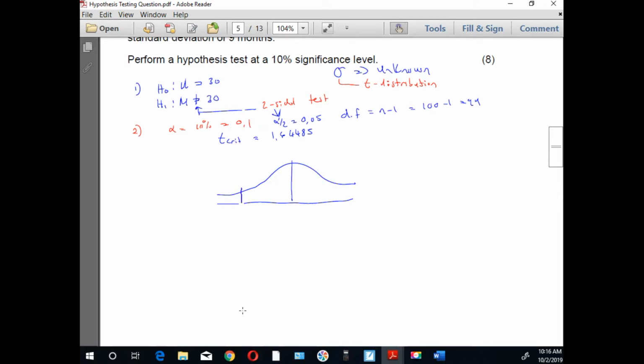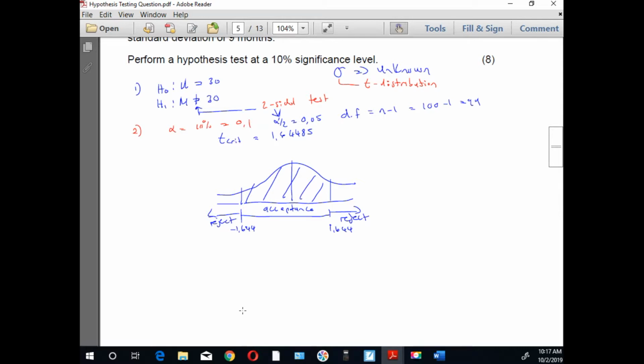If we have to draw, we'll save our t-distribution. So this is the acceptance region, and this is the rejection region. So we have negative 1.644, positive 1.644.